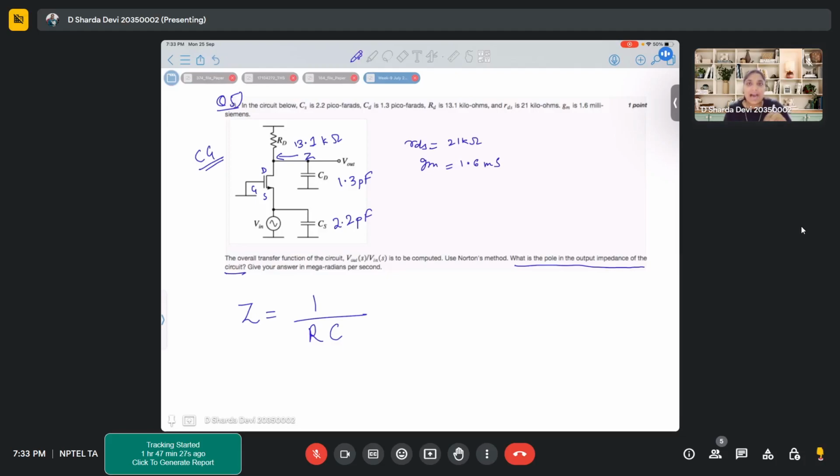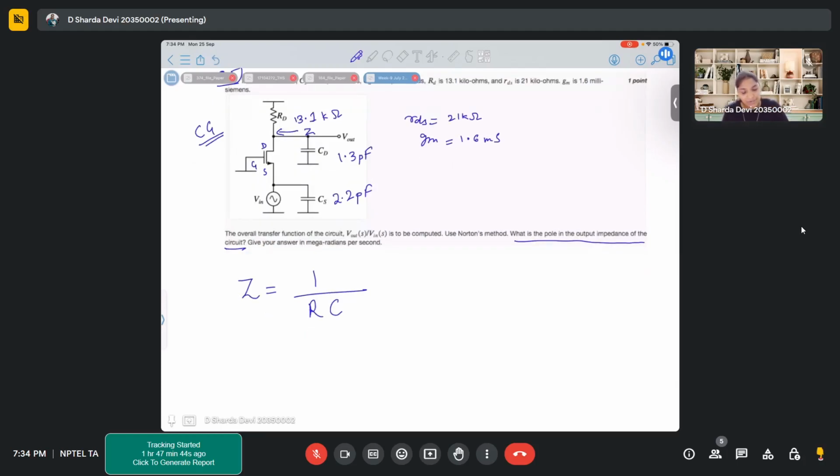It is 1 by R into C. So the total resistance from that node and the total capacitance from that node, when you multiply the two and take the reciprocal of it, you will get a pole. So for this question, the pole will be 1 by R into C, so it is R out into C out.